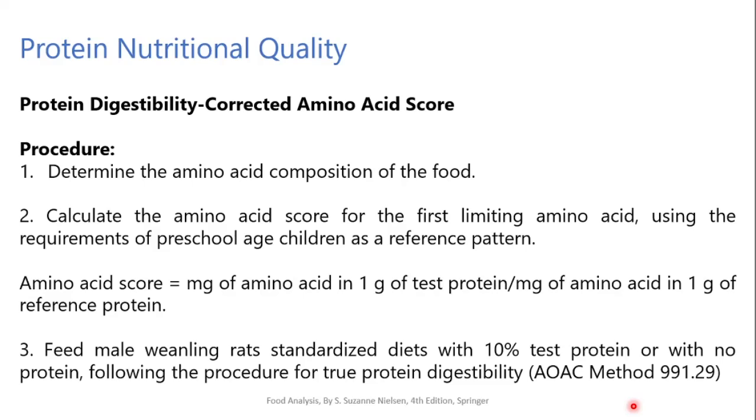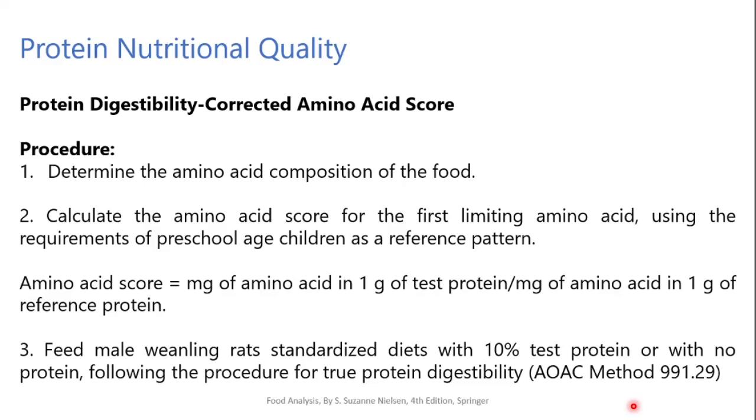So let us see the procedure. To determine the amino acid composition, first of all we have to determine the amino acid composition of the food. Then calculate the amino acid score for the first limiting amino acid using the requirements of preschool age children as a reference pattern.